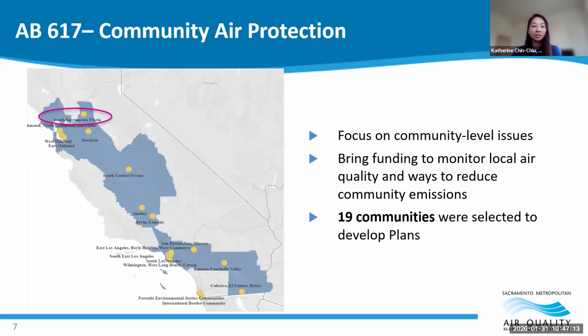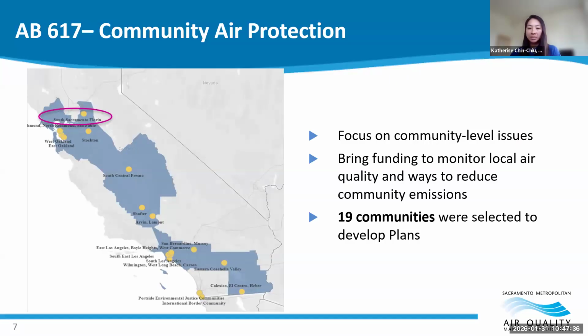While we've seen concentrations trend down regionally over the past several decades, there are still communities that may be overburdened by air pollution. And what this program did was bring the focus to community level issues and bring funding to monitor local air quality and to reduce community emissions and exposure.